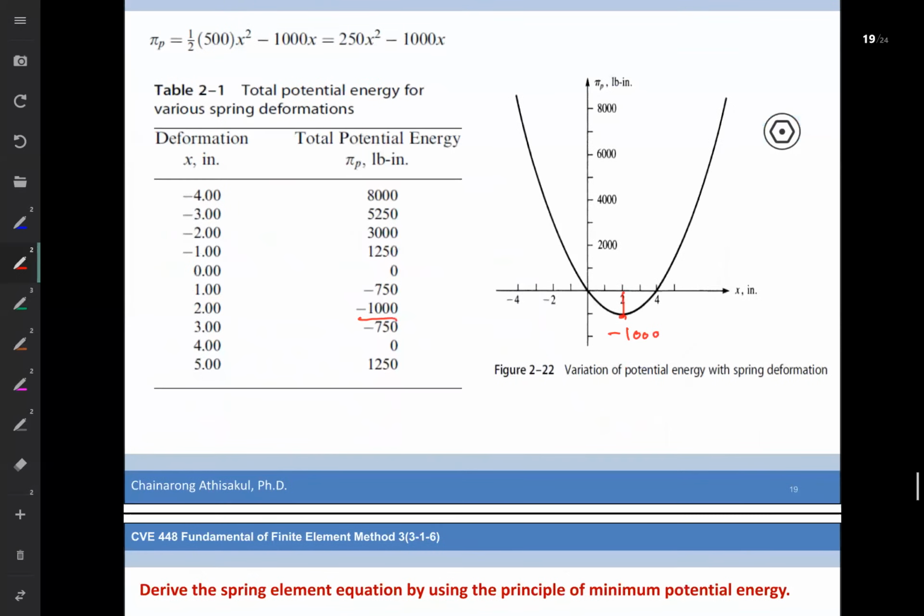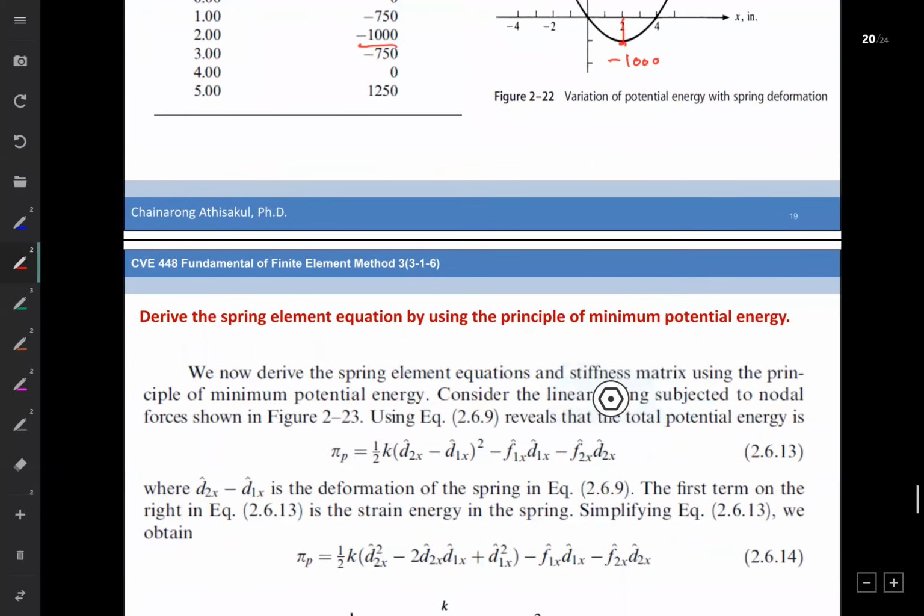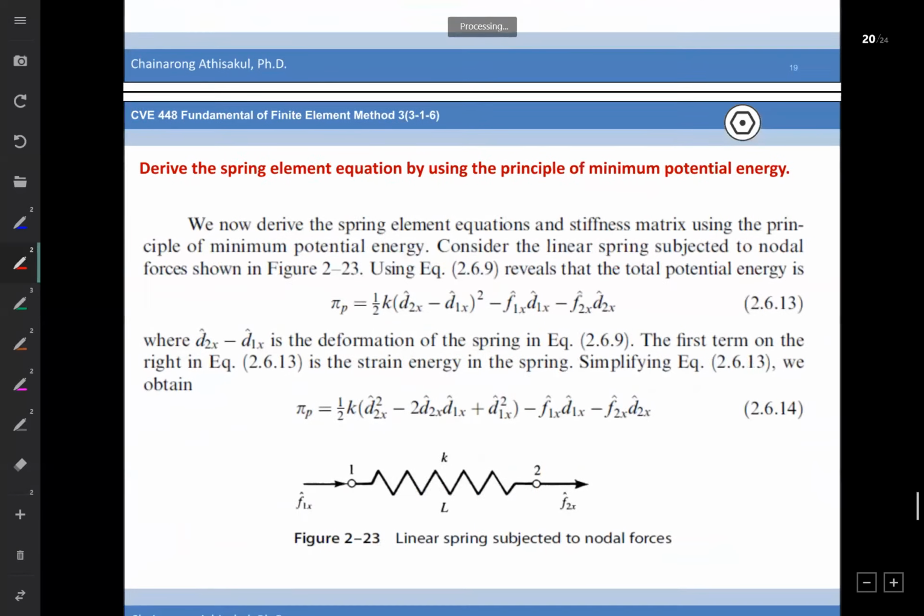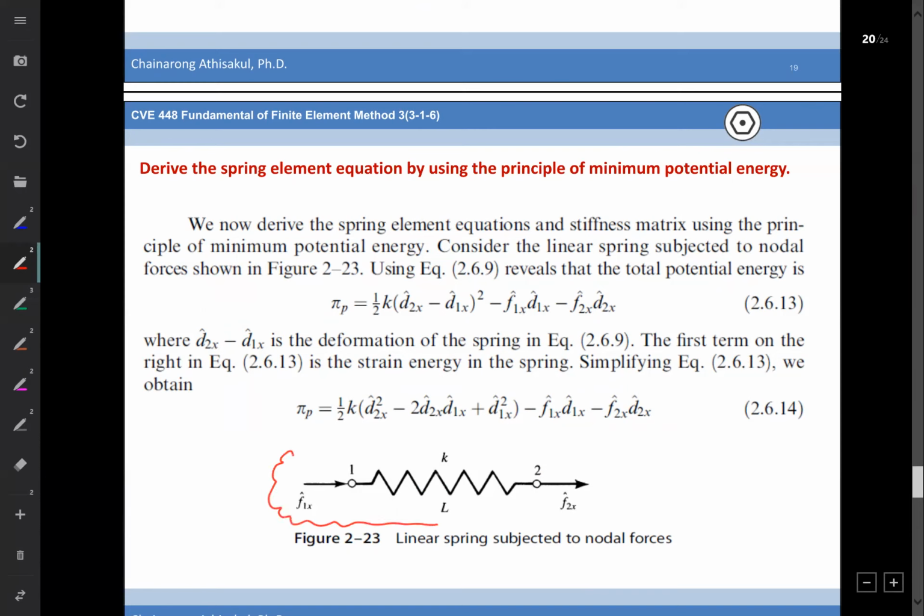Okay, so according to this, if we would like to derive the spring element equation by using the principle of minimum potential energy, or actually just the stationary potential energy principle, we may start by writing the potential energy equation first based on the spring element that we already defined like this.